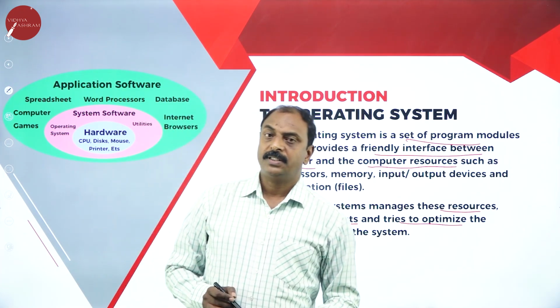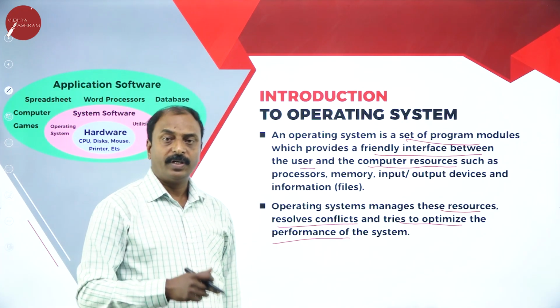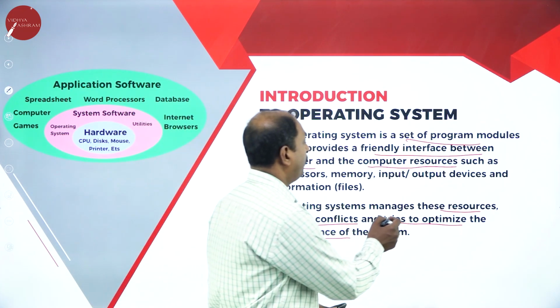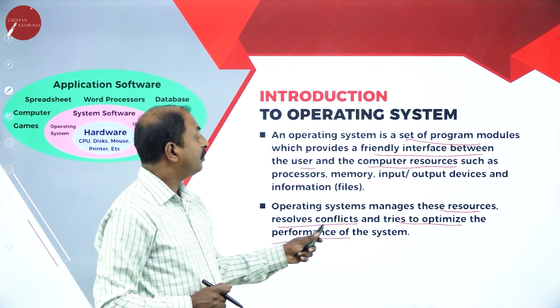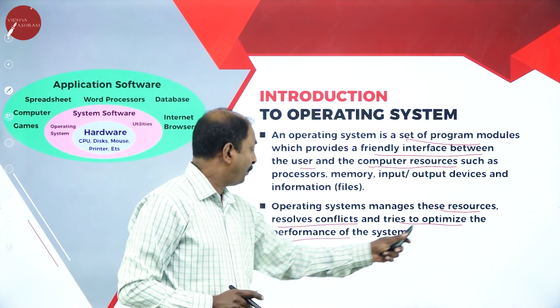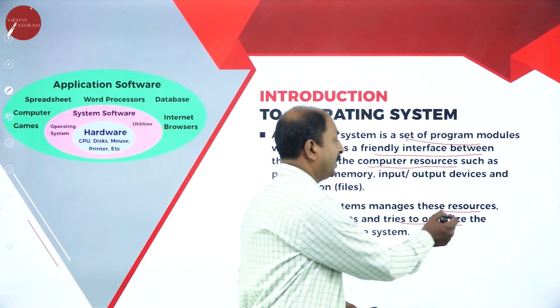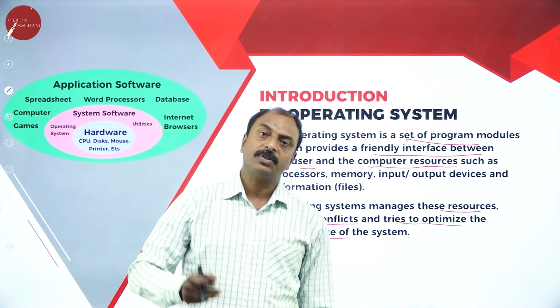So operating system is an interface between the user and the computer. What are the functions of an operating system? It manages the resources of a computer system, resolves the conflicts, and tries to optimize the performance of the system. All computer resources have to be available to the users.